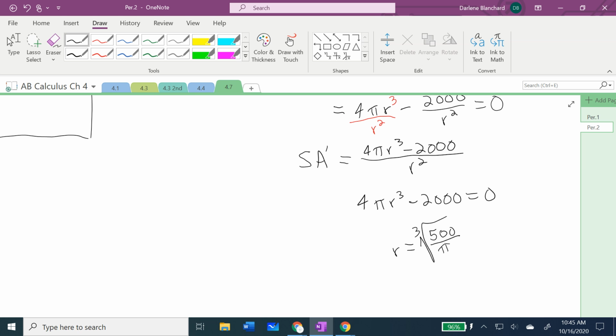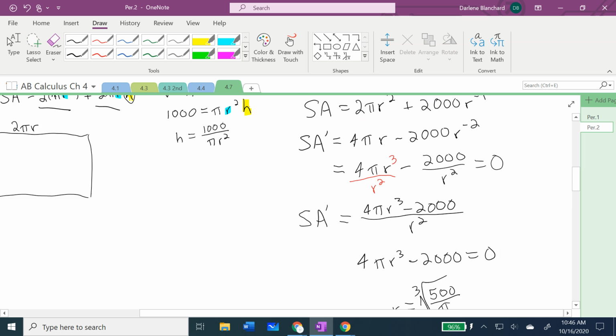Okay. Now, logically, are you with me? Logically, you can understand that this is the optimum radius. For a multiple choice problem, you're doing as little work as possible. For a test that I give you on this, I'm actually okay if this is all you show me.